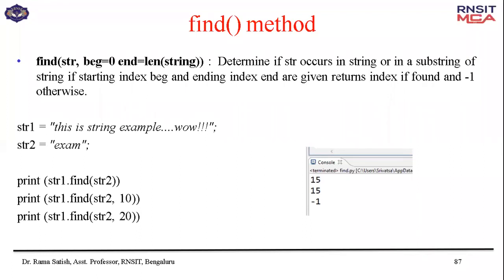In the case of find, it will give the index number as well as -1. -1 indicates it is not found. For example, look at this example: this is a string example, colon, wow, triple exclamation. Exam, whether it is found.